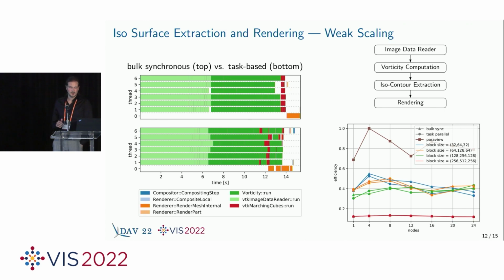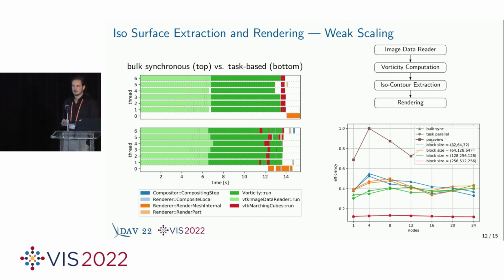In more interesting cases, the isosurface extraction and rendering experiment, also shown in a weak scaling experiment, in the Gantt charts we can see that on the top it is neatly scheduled in blocks, and on the bottom we see that especially the isosurface extraction here in red interleaves heavily with the vorticity computation of the vector field.